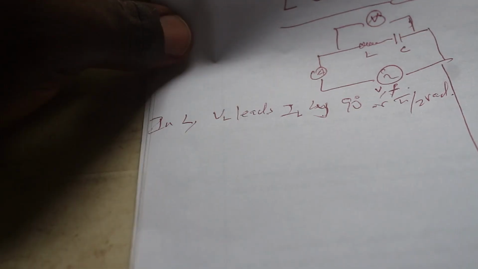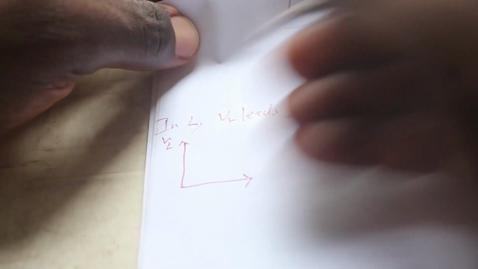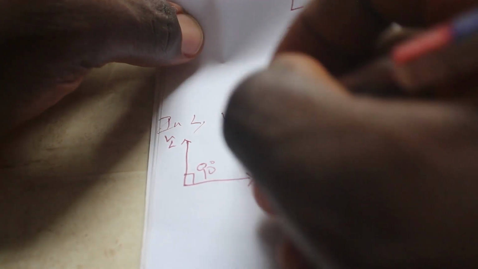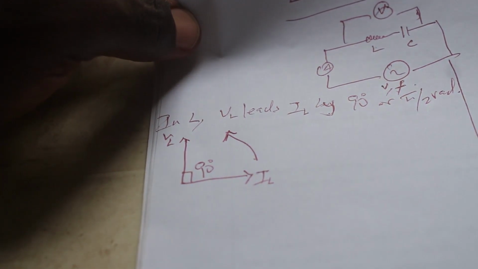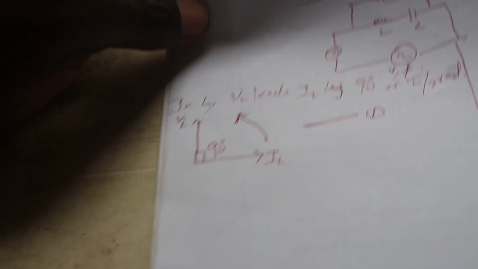Now, if you use a vector diagram to illustrate this, the voltage in the inductor will lead the current in the inductor by 90 degrees. Of course, this will be true only if we take a direction in this way. So let's call this vector diagram 1.